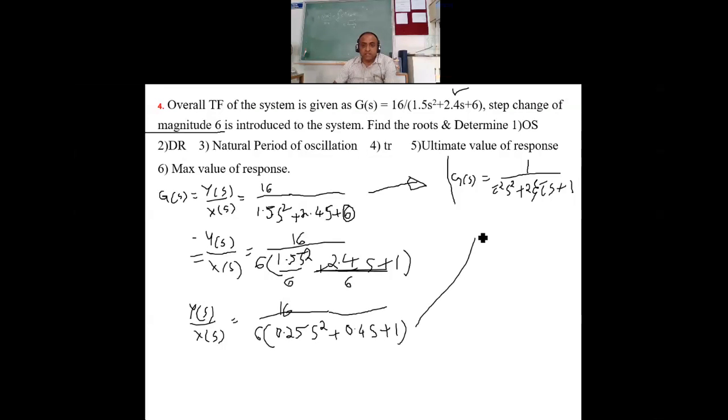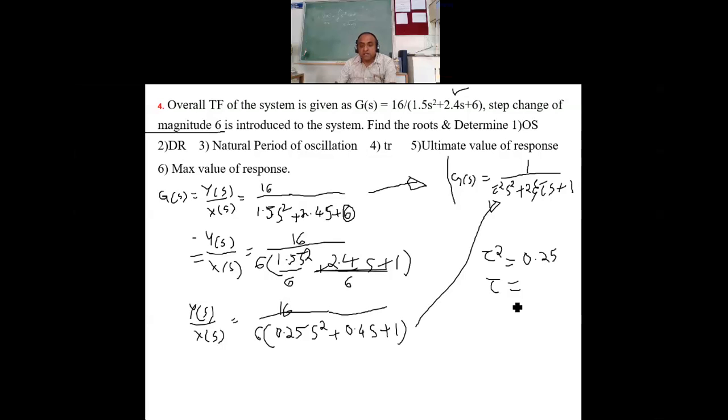So you can compare this denominator with the standard form. You now have tau square equals 0.25. What is the value of tau? Tau is the square root of 0.25. What is the square root of 0.25?